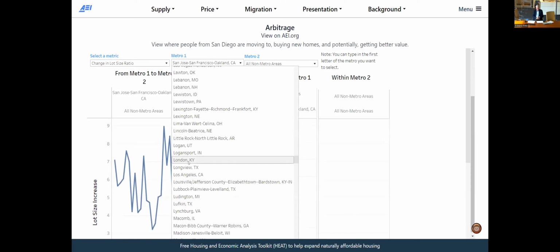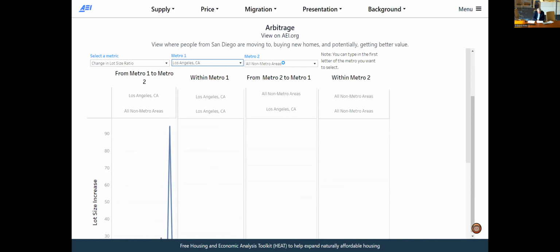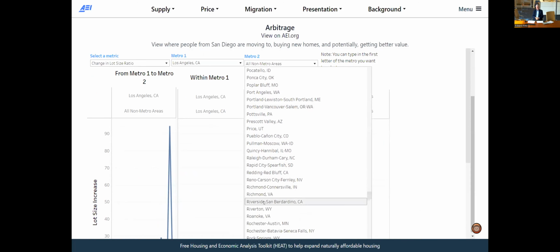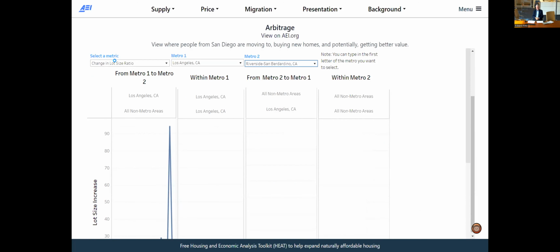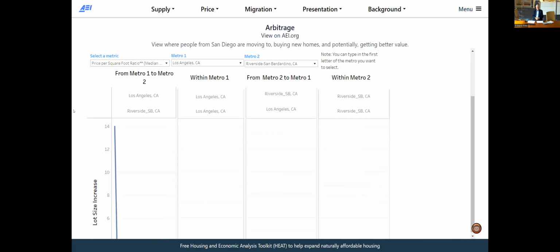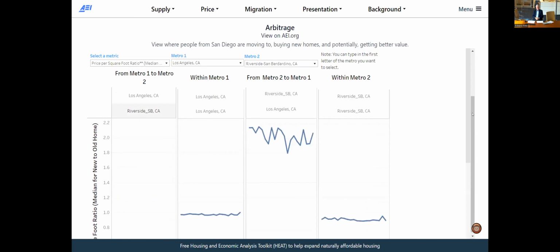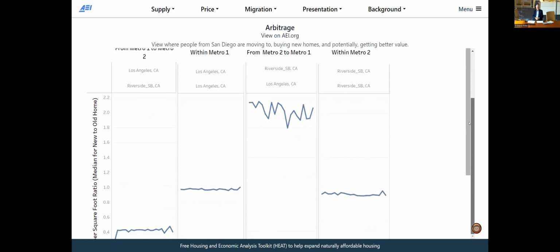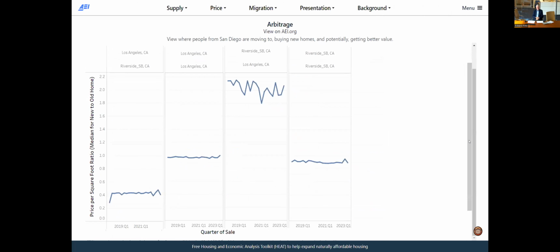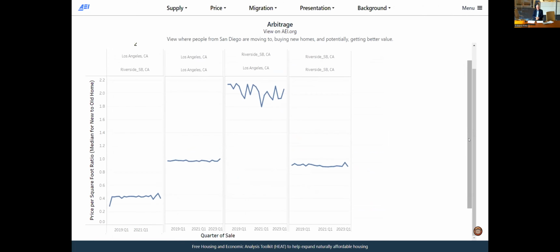And we're going to see that when you move from LA to Riverside, that 43 or 44%, which is the first column, you're going to see as you scroll down that price per square foot has been around 42, 43 cents per square foot pretty much the entire time.